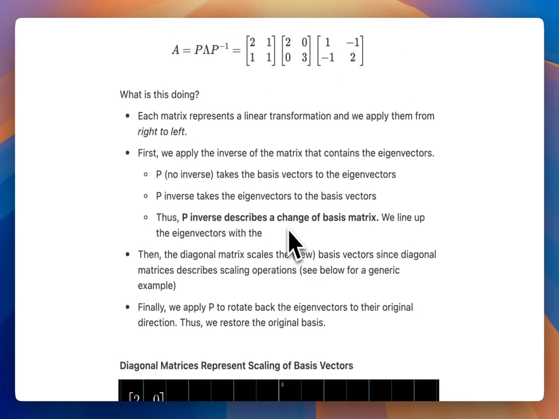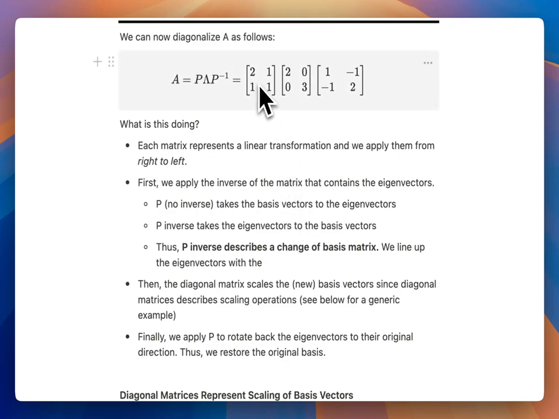And then, crucially, we must turn the eigenvectors back to their original position so we can preserve our original basis, i.e. when we have the standard basis vectors E1 and E2. So that's what's happening here. We're changing the basis to an eigenvector basis, we're scaling the eigenvectors, and then we're changing it back to the standard basis.